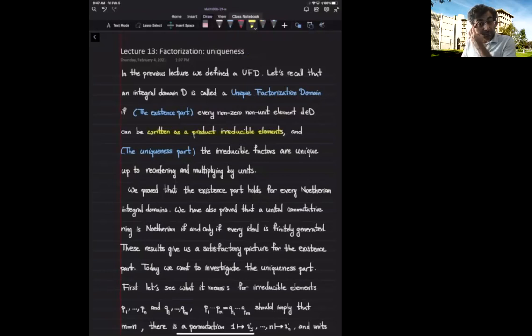And the way that we can write it should be almost unique. What does that mean? This means that these irreducible factors should be unique up to reordering and multiplying by units. So if we have such properties, we call such an integral domain a unique factorization domain, and we abbreviate it to UFD.